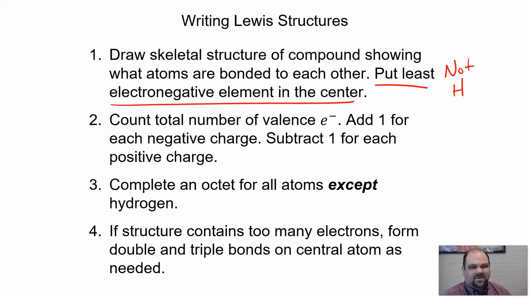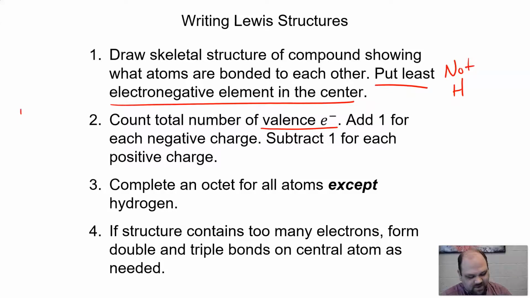Once we have our basic outline, our basic structure, we're going to start adding in some electrons, but we need to know how many. So we count up the number of valence electrons for all the atoms. If we have a charge on the molecule, let's say it's a polyatomic ion, we're going to add one for each negative charge and subtract one for each positive charge.